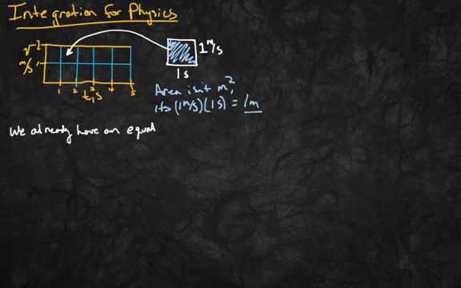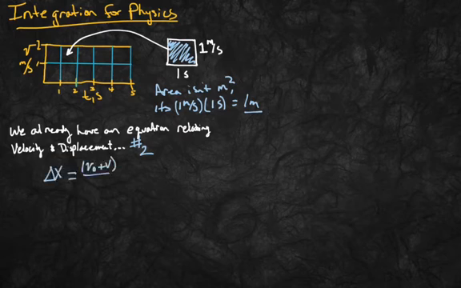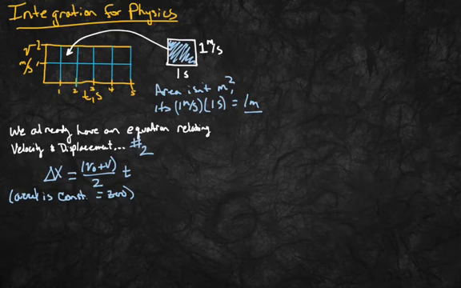Okay, we already have an equation for relating our velocity and our displacement. It was equation number 2 from our equation list: delta x equals (v naught plus v) over 2 times t. Remember that the acceleration has to be constant for this to work.